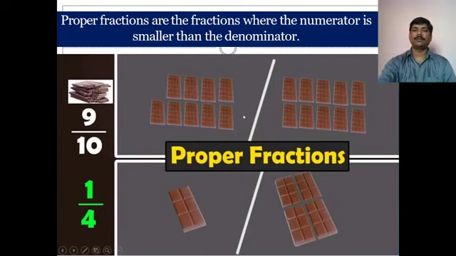To identify it, we look at the numerator and denominator, and if the numerator is less than the denominator, then that fraction is a proper fraction. As you are seeing here, numerator 9, denominator 10, so this is a proper fraction. Also in 1 by 4, 1 is the numerator, 4 is the denominator, so it also represents a proper fraction.